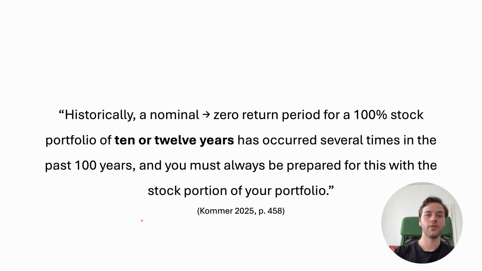So 14.3 years does not seem that likely from the historical data we have, but 10 to 12 years, these kinds of zero return periods have happened multiple times. So it is something we should not be very surprised about if it actually happened to us.